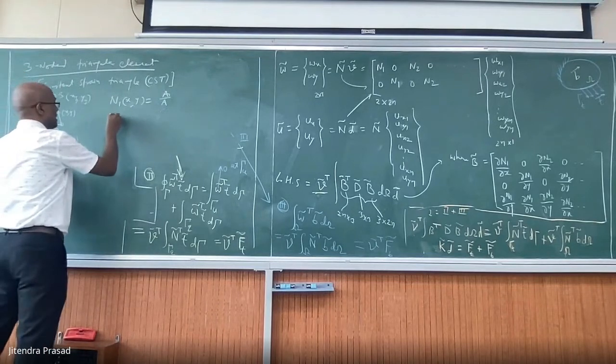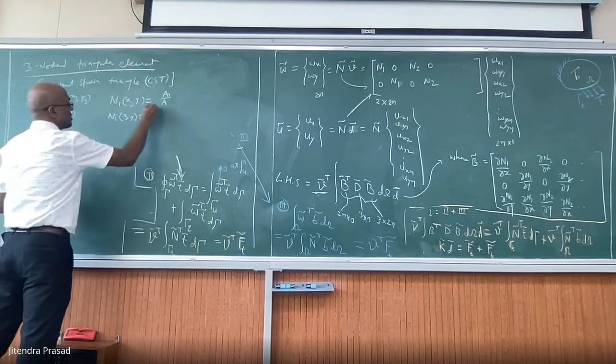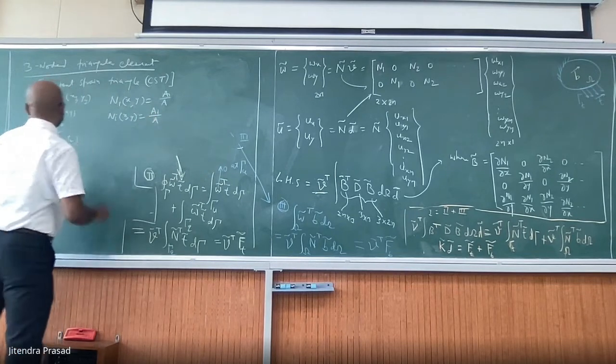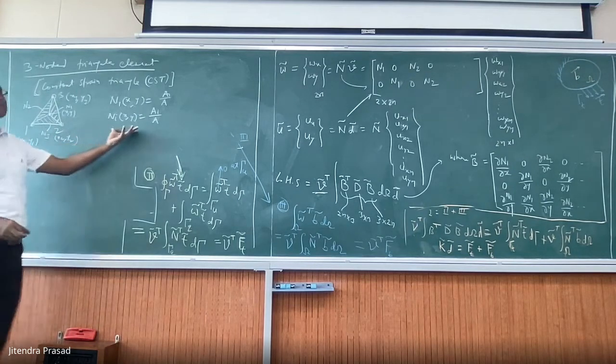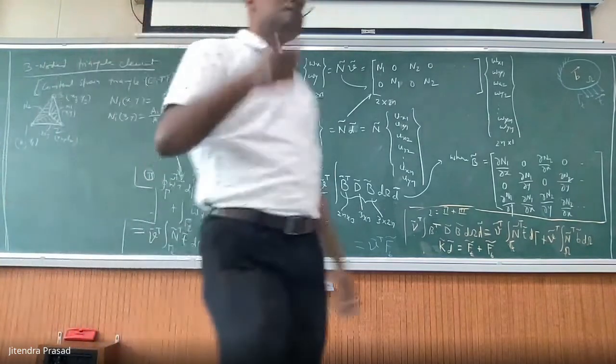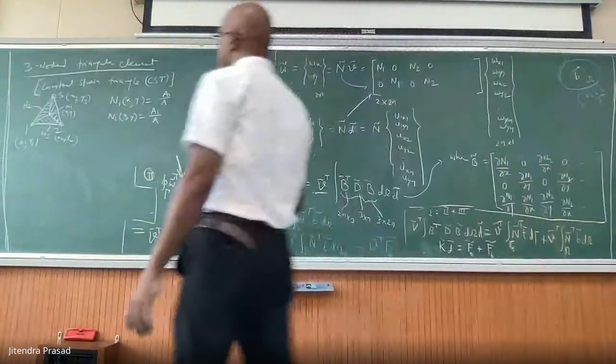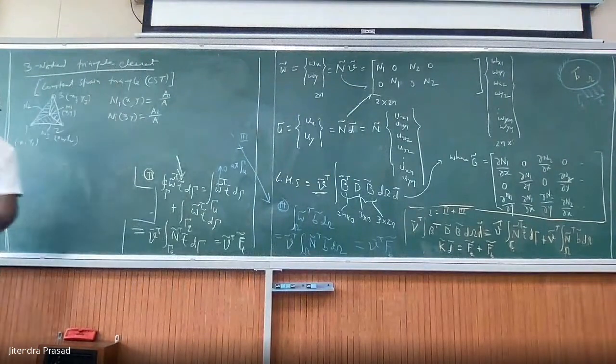So in general, Ni of x, y is equal to Ai divided by A. These are the areas, right? This is node 1, so this area over A gives N1, and this is 3, so this is N3, and this is 2. So this is how we have defined it. The same thing you can use here to solve the problems.